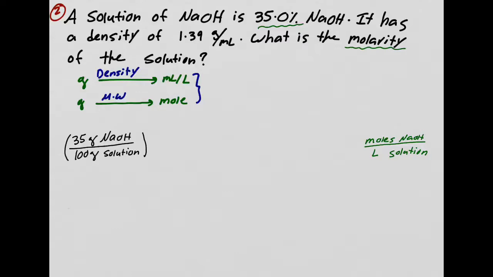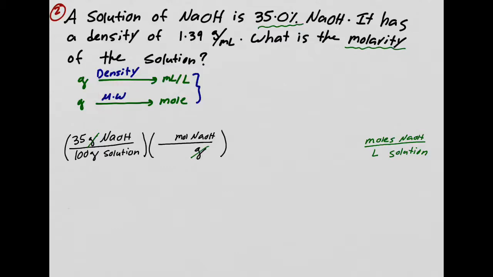Now, what I want is moles of NaOH. What I have is grams of NaOH. So that's not going to work right now. So gram goes down there and moles of NaOH goes on top. Gram goes down here, so we can cancel out gram. How do I go from gram to moles?